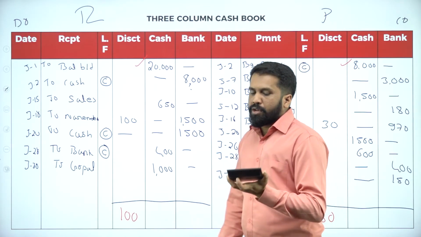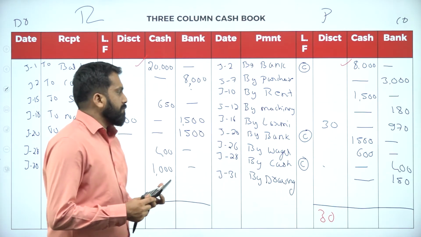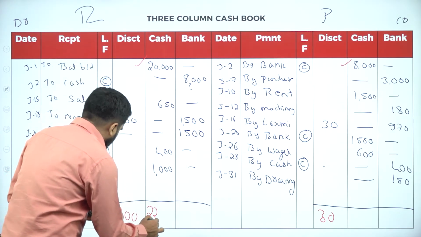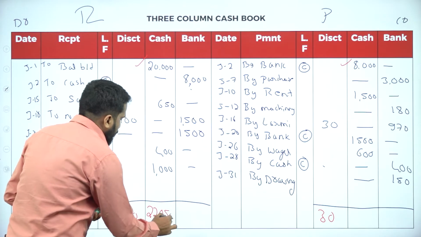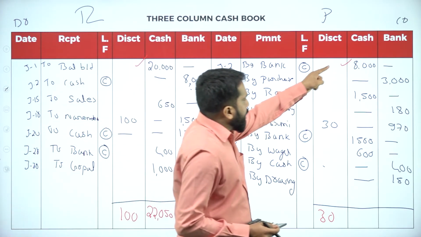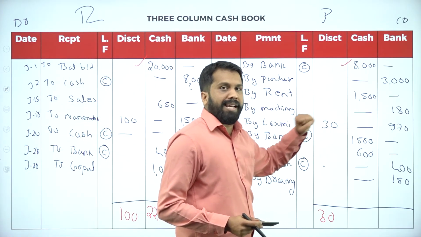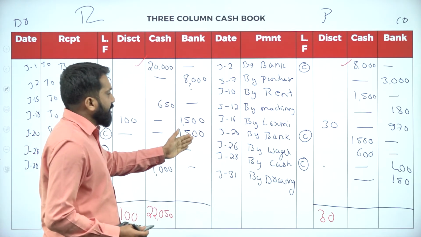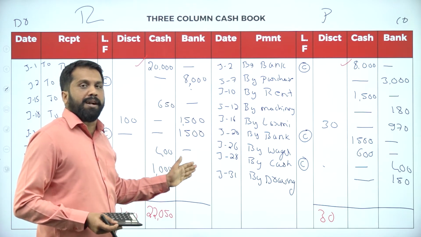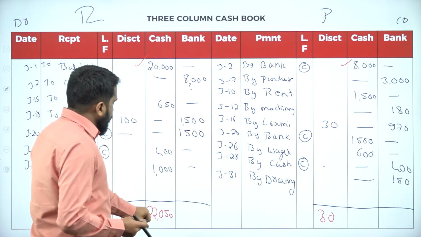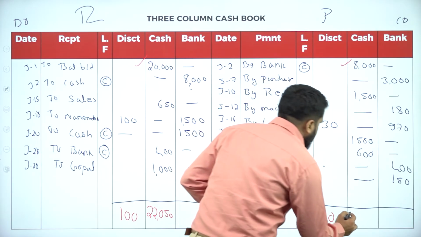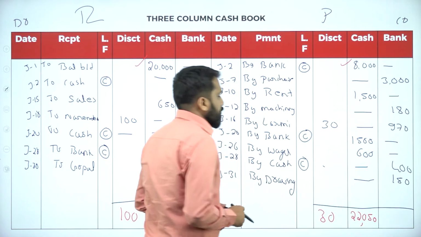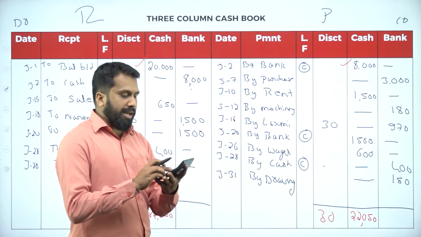How much you got? You got 22,050. Which side is more? Almost this side only is more. Do we have more than 22,000 here? No. Then the higher value should be written on both these sides. The bank column will come later. First we'll finish the cash column. Now 22,050. Similarly 22,050.